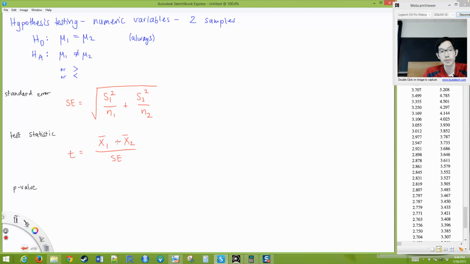This time we look up the test statistic in the t-table. Same rules as one sample apply for getting the p-value.